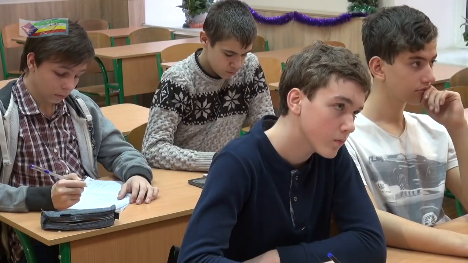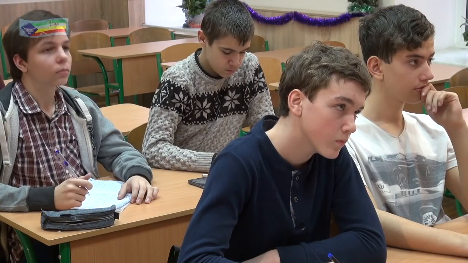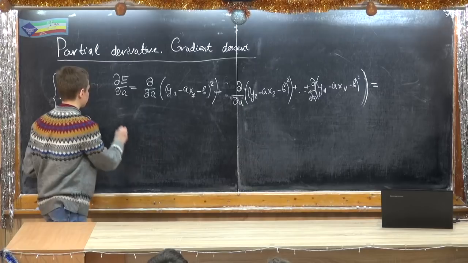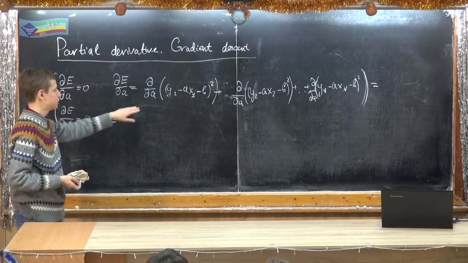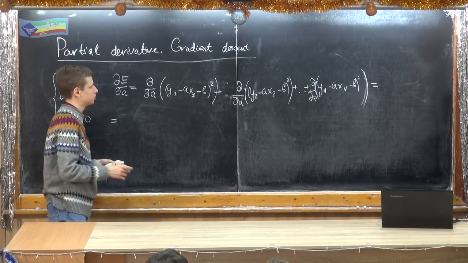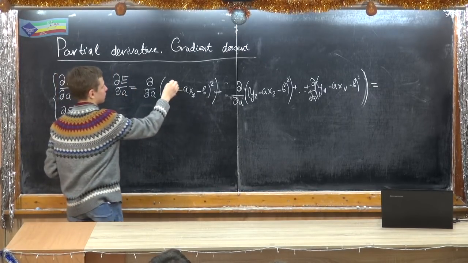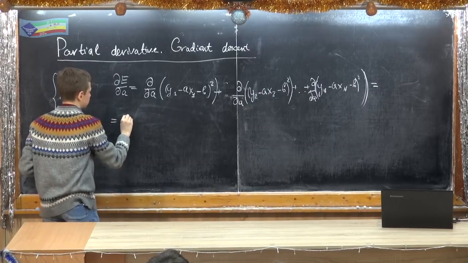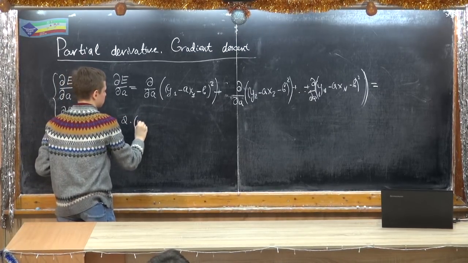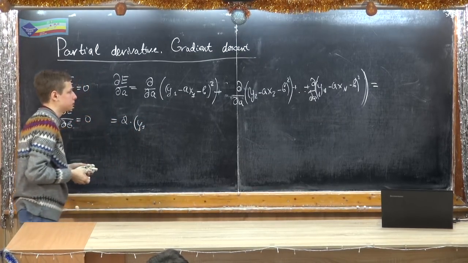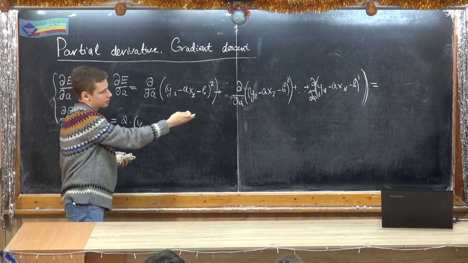Now it's much simpler to take partial derivatives because it's just a square function, and now we can use the chain rule, which states that the derivative is equal to the derivative of the whole function, and this is a square function, which means that its derivative will be just 2x.